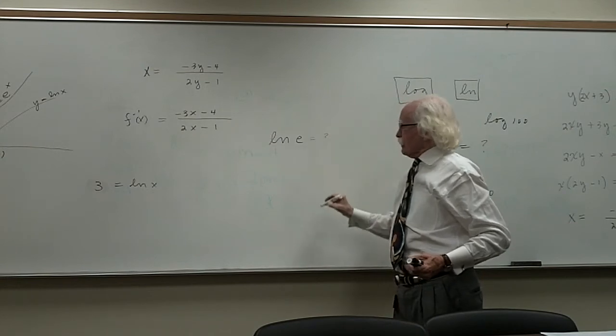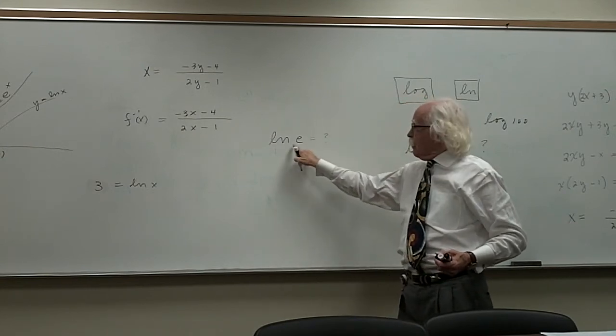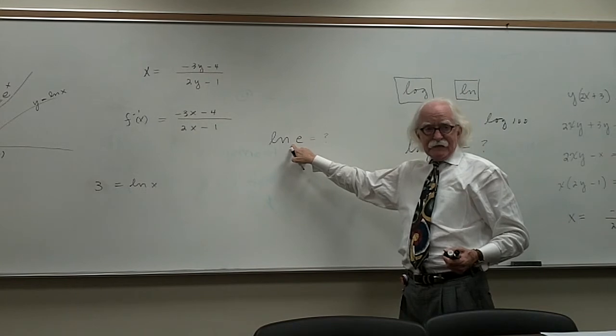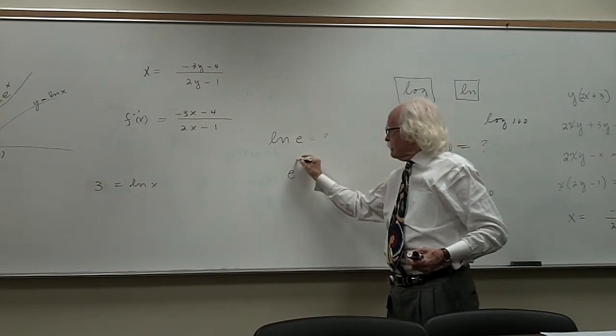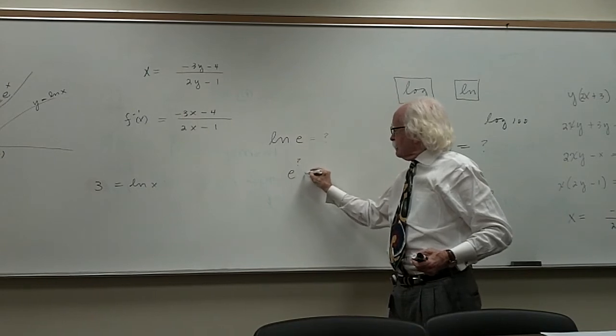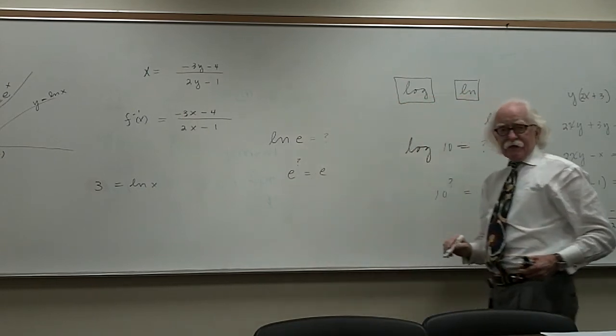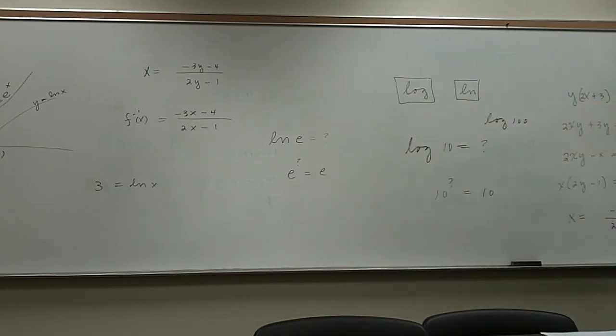I'll put a question mark out here. We know that this is always base e, right? So we're saying e raised to what power is equal to e. That's really what you're saying, because you found the inverse of that function.